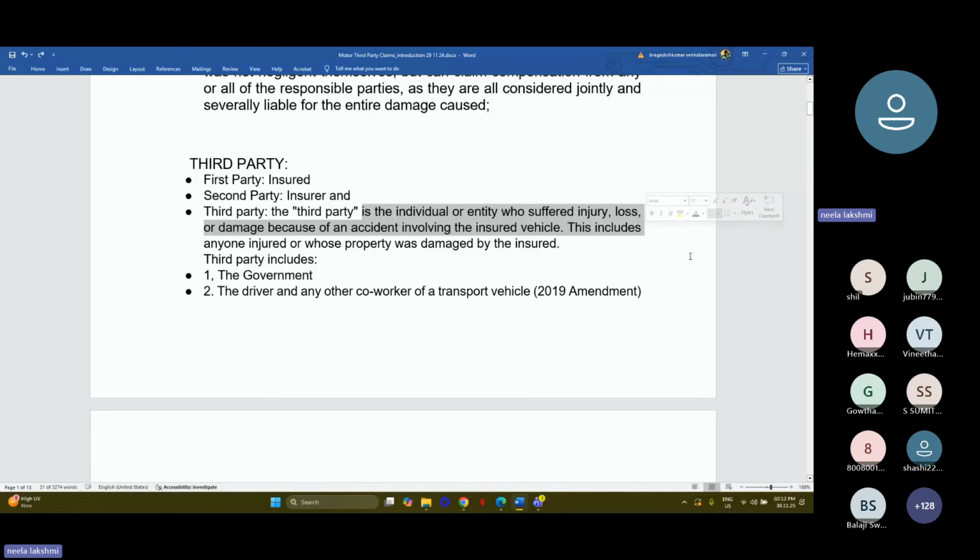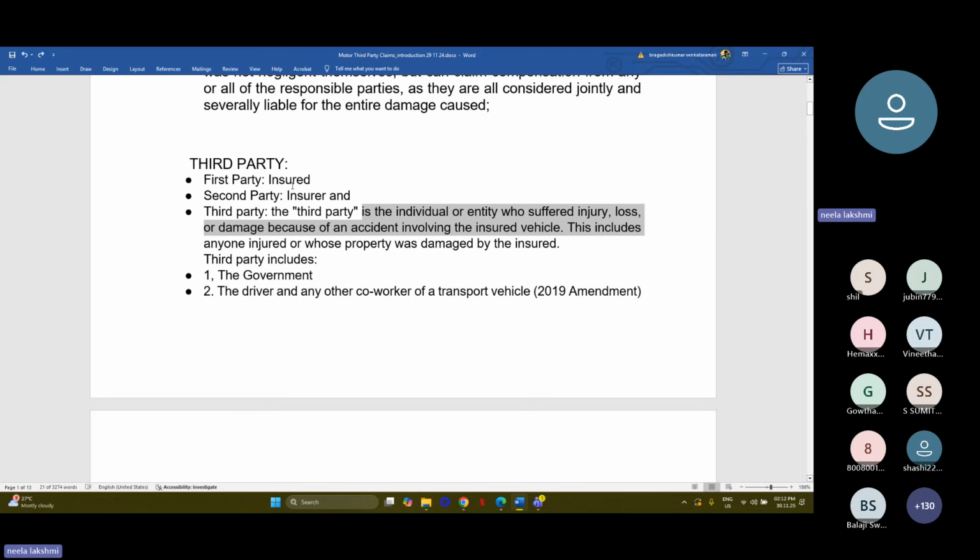Okay, he is the third party. First party is the insured, second party is the insurer, and the third party is the individual or entity who suffers injury or loss or damage because of an accident involving the insured vehicle.